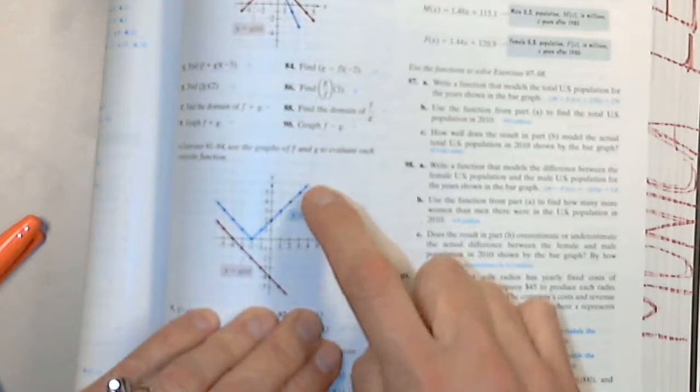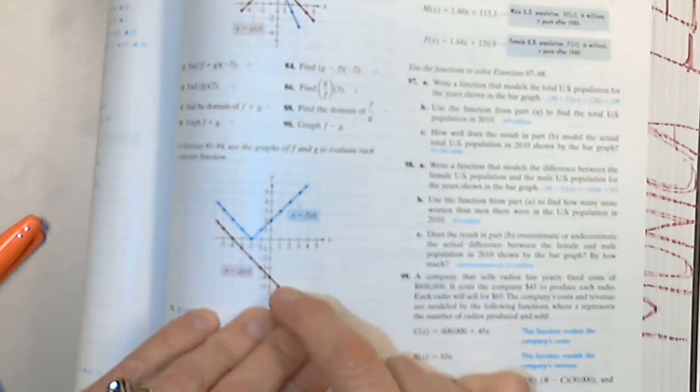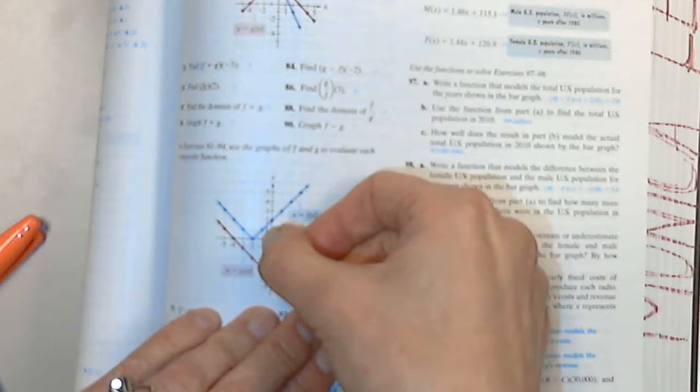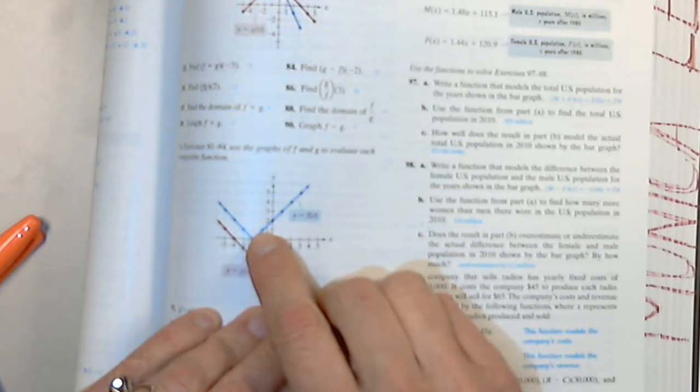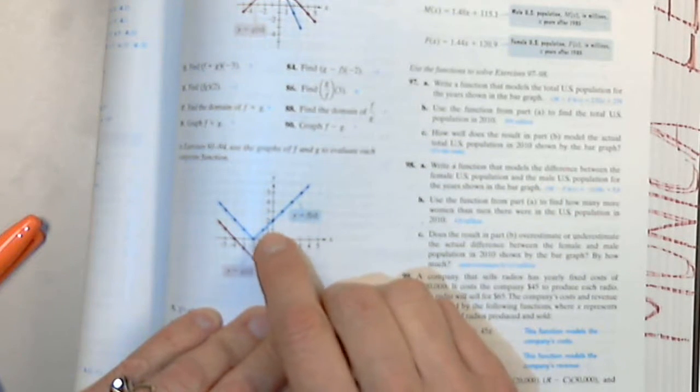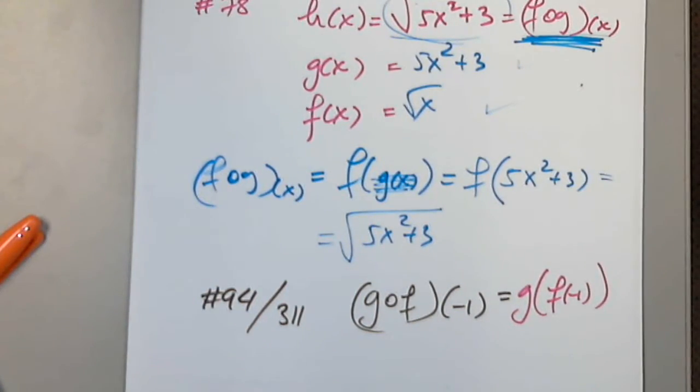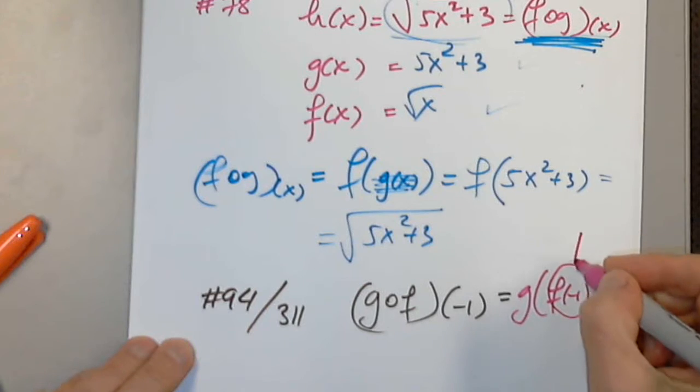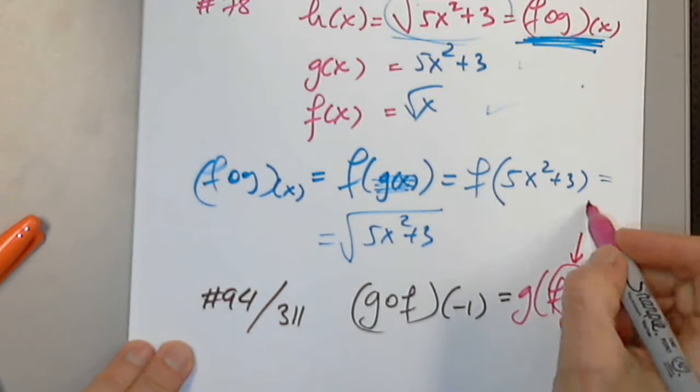Can anyone give us, this is f and this is g. Can anyone give us f of -1? 1. When x is -1, it crosses the function right here. So I read 1. So then I replace this by one more time by what? Awesome.